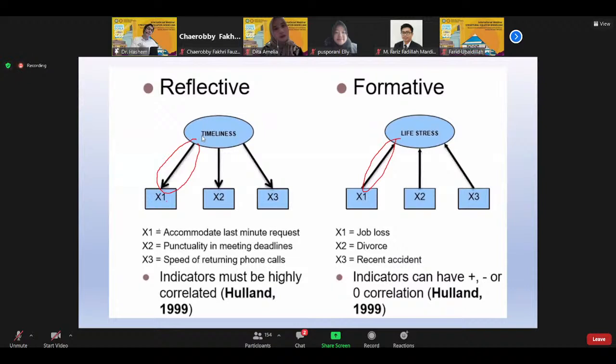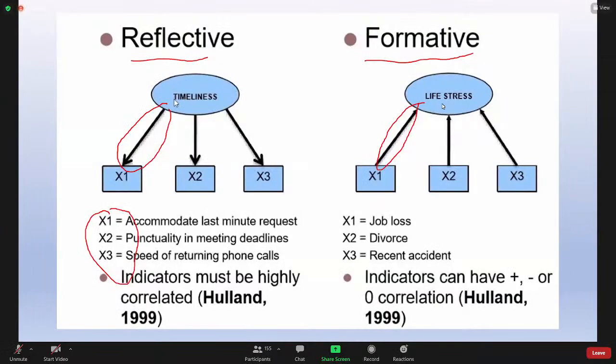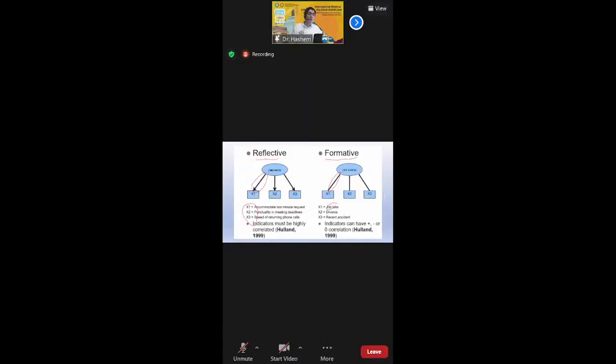Here we call it reflective. For example, life stress includes job loss, divorce, and recent accident, right?